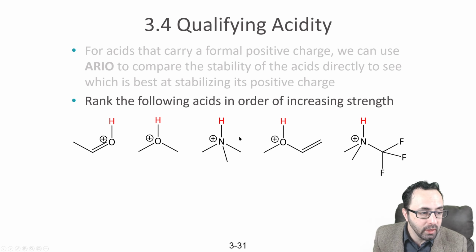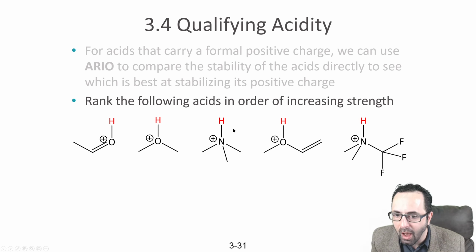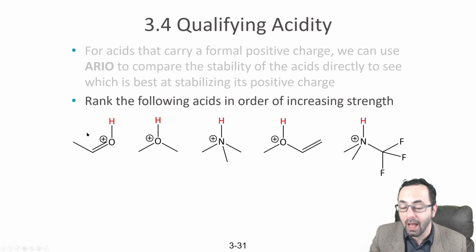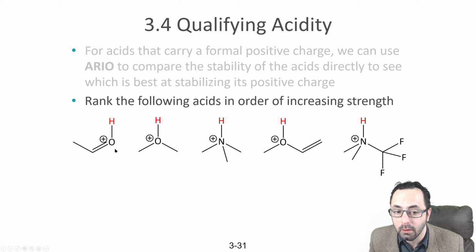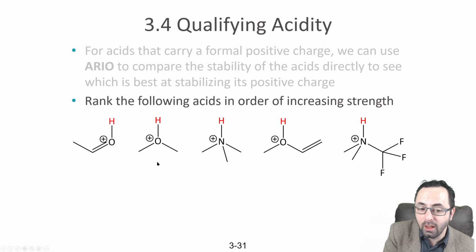And so these are going to be the ones here that have the higher stability the way they are, meaning they will be less acidic. Okay, they're stable the way they are, meaning they will not react as well as an acid. Okay, and when they do, let's write what they get when they do behave as an acid.